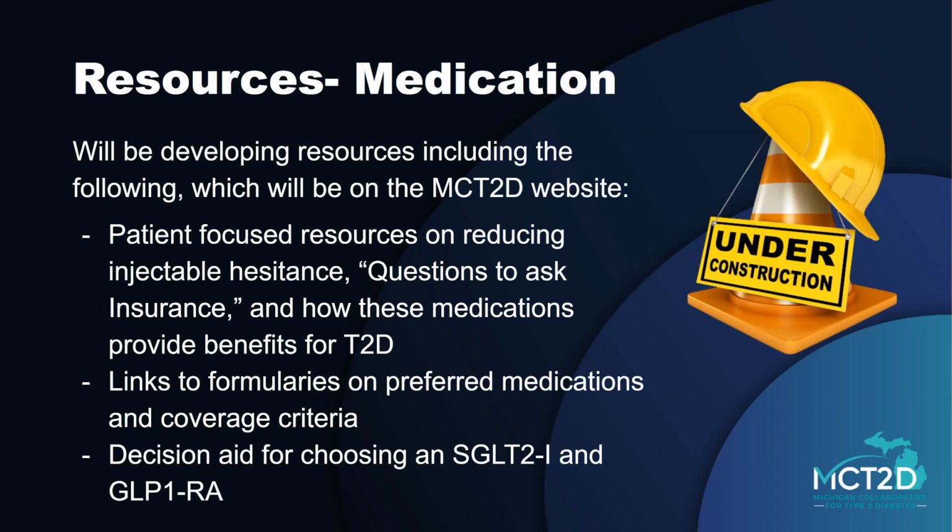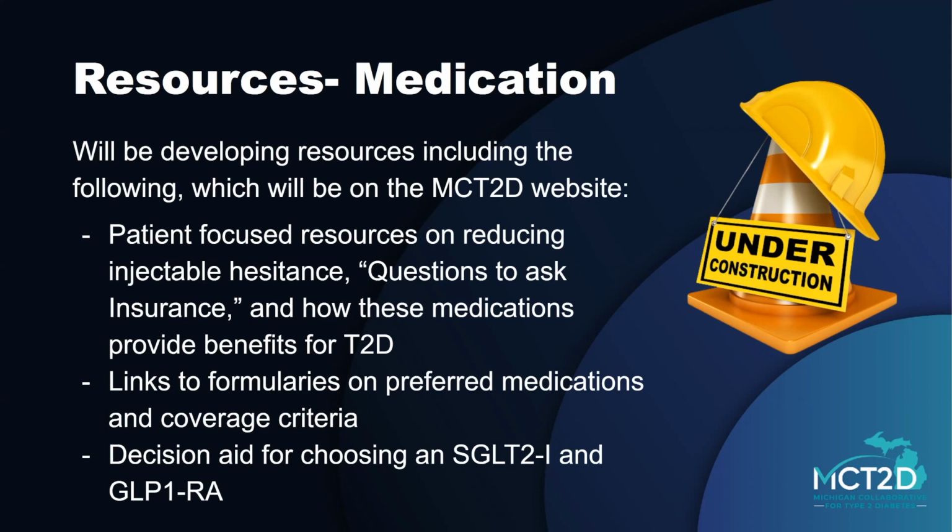Resources for medication are under construction. This is one of the more difficult things that we've tried to do as a consortium, because the issues around medications, mostly around coverage by insurance companies, are very complicated, and we're working on it. The medications are expensive. SGLT2 inhibitors and GLP-1 receptor agonists are very expensive.